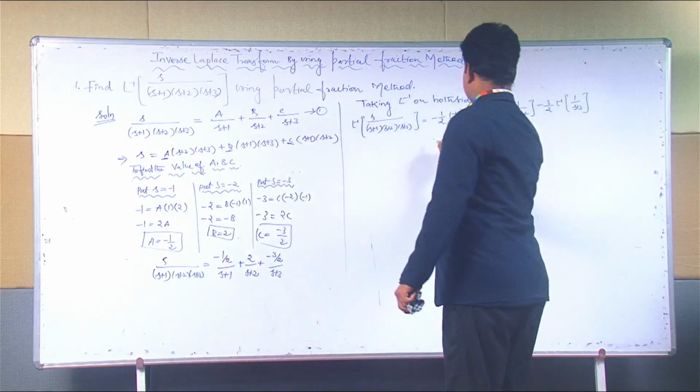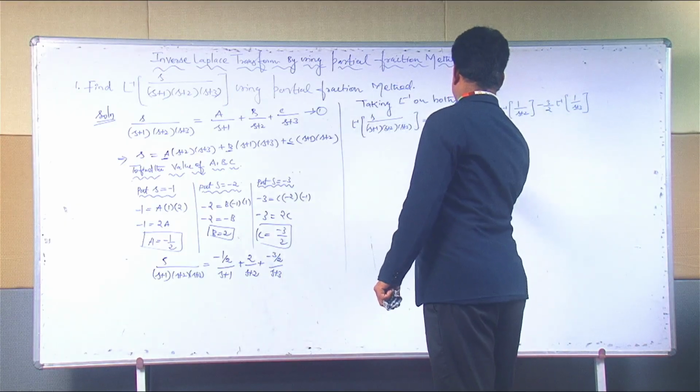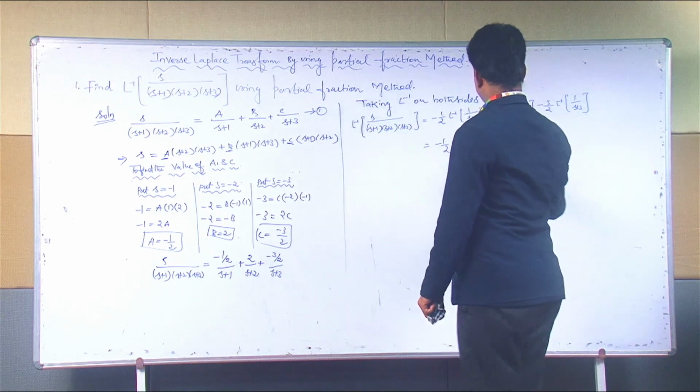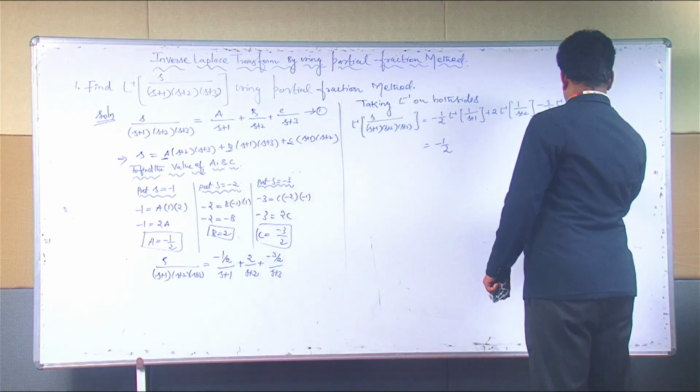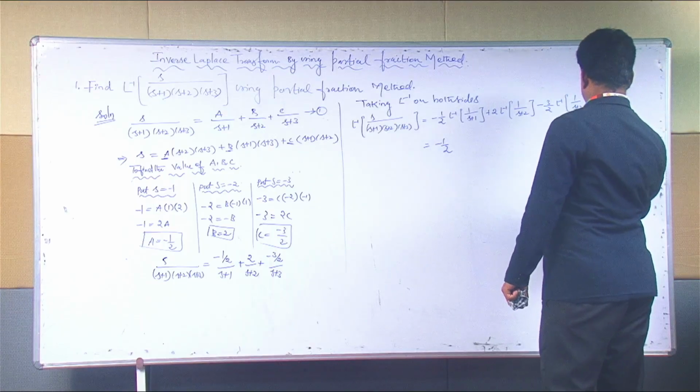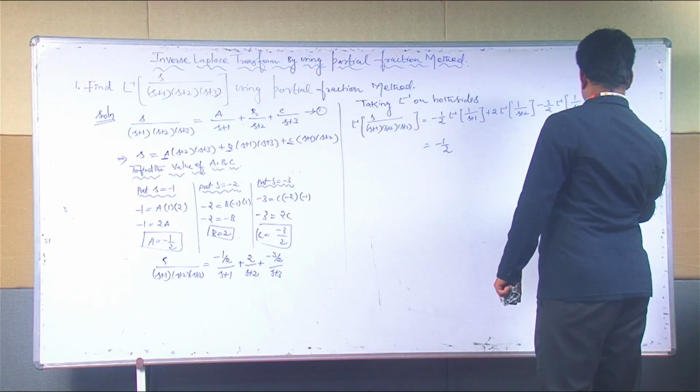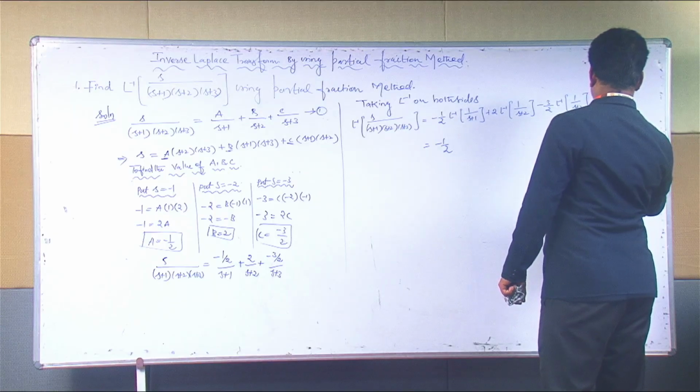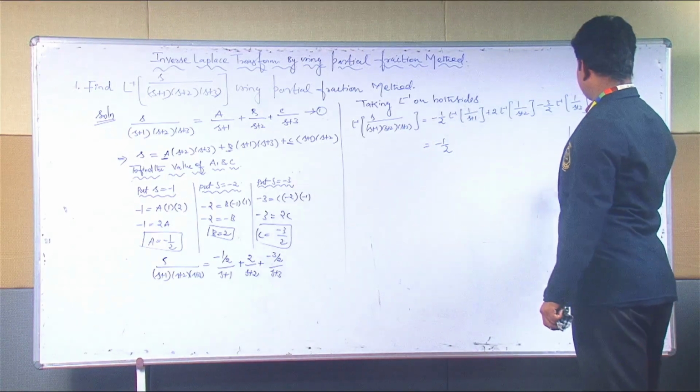So already you know the formula. What is the formula? L inverse of 1 divided by s plus a equals e power minus at. Look at this, the formula is very important.